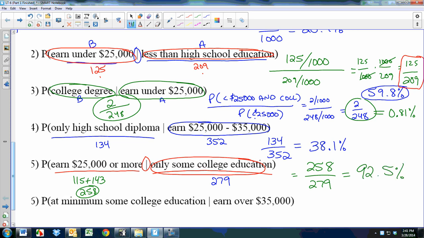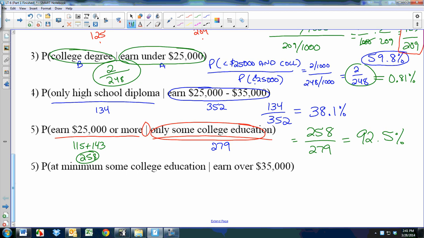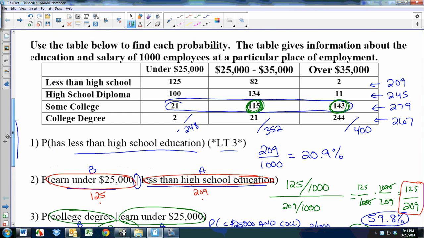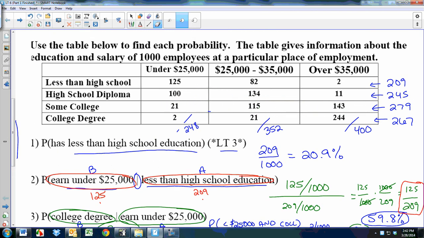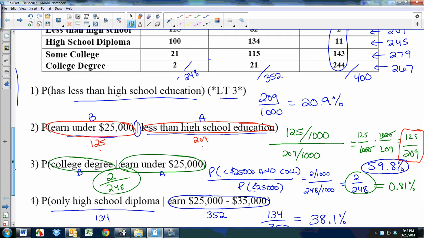The last one. What's the probability of choosing a person who has at minimum some college if it's a given that they earn over 35,000? The people that earn over 35,000 are right there. There's 400 of them.